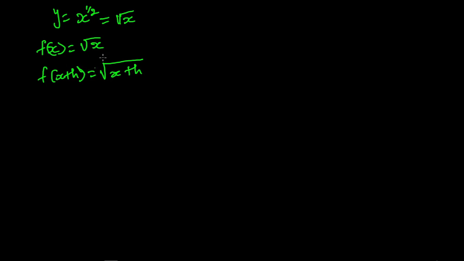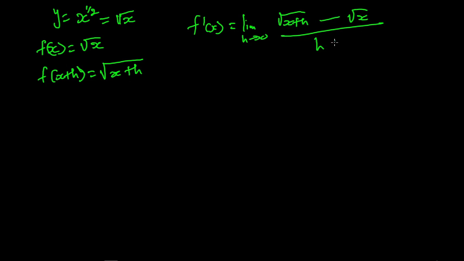Now let's substitute this back into the expression. So we have f prime of x equal to the limit as h approaches 0 of the square root of x plus h minus the square root of x, all over h.